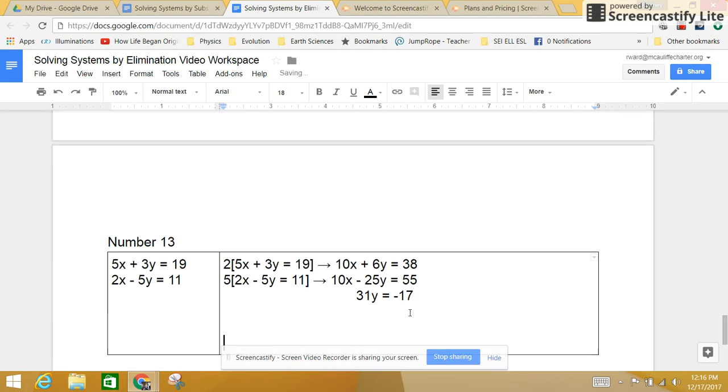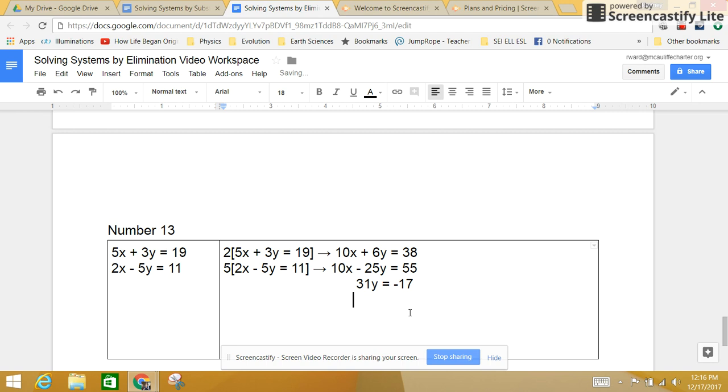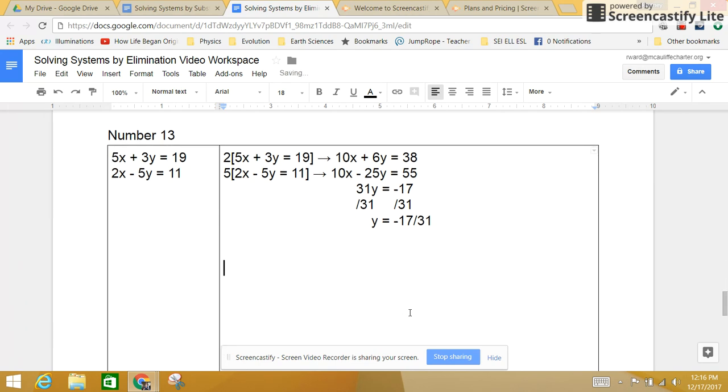I'm going to divide both sides by 31. And I'm going to end up with y equals an annoying number, negative 17 over 31. Now, this is definitely a case where I am not going to try to just plug that in, because I can solve using elimination again.